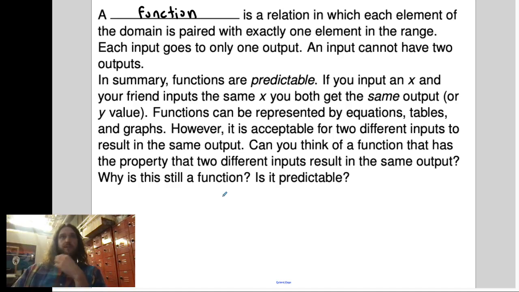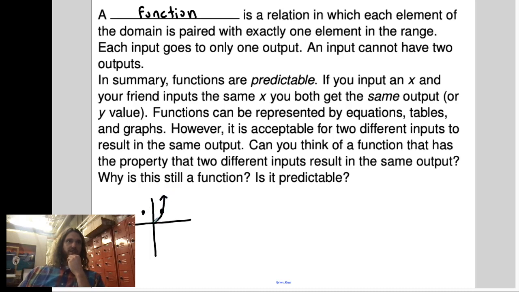Okay, we talked about the different ways they can be represented. Can you think of a function that has 2 different inputs result in the same output? You may have seen one in Algebra 1. There's some pretty famous ones. Maybe not, who knows? There's one that went through these 2 points. You can try and guess the name. Anything that was like a quadratic.